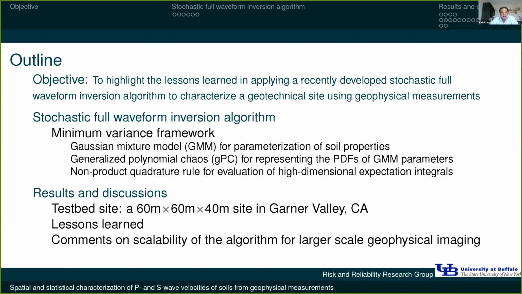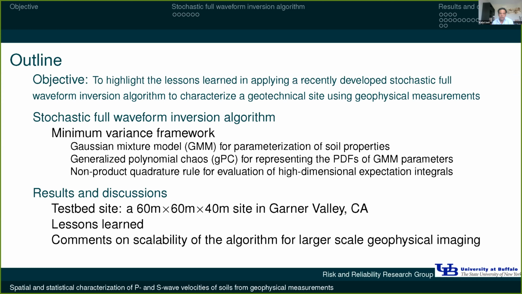I will start with summarizing the algorithm. It is essentially a minimum variance framework, which relies on the Bayesian interpretation of the parameters, but a few components of the algorithm have been adjusted to suit this method for computationally efficient geophysical imaging.